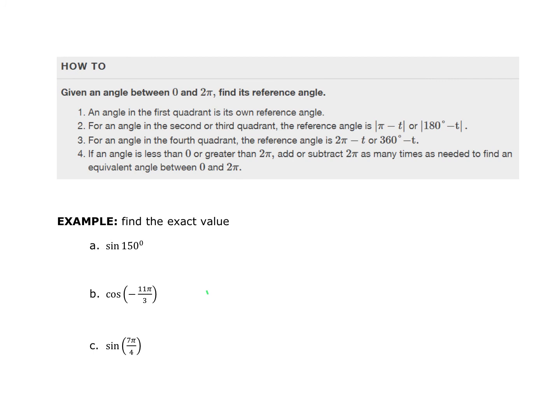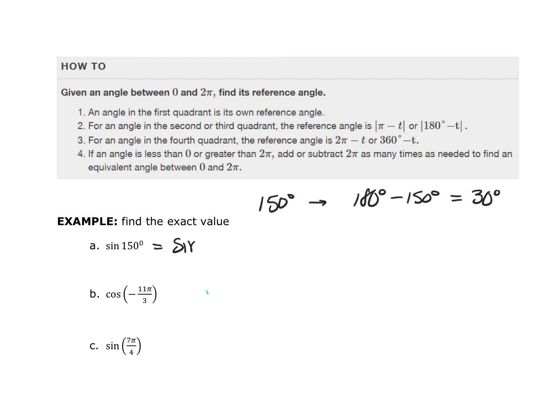So here's how, given an angle between 0 and 2 pi, to find its reference angle. Now we're asked to find the exact values. So I have the sine of 150, and I'm going to use reference angles to do this. The reference angle of 150: I'm going to take 180 and subtract off 150, and I get 30 degrees.